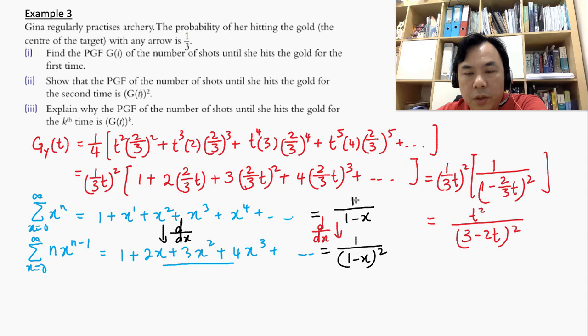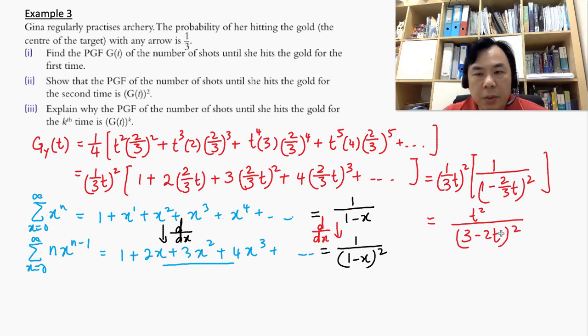So differentiating this, we will get this. Therefore, the summation of the power series, which is similar in structure to this, is given by this, where the x is actually 2 over 3t. That's how we get the summation of this power series.